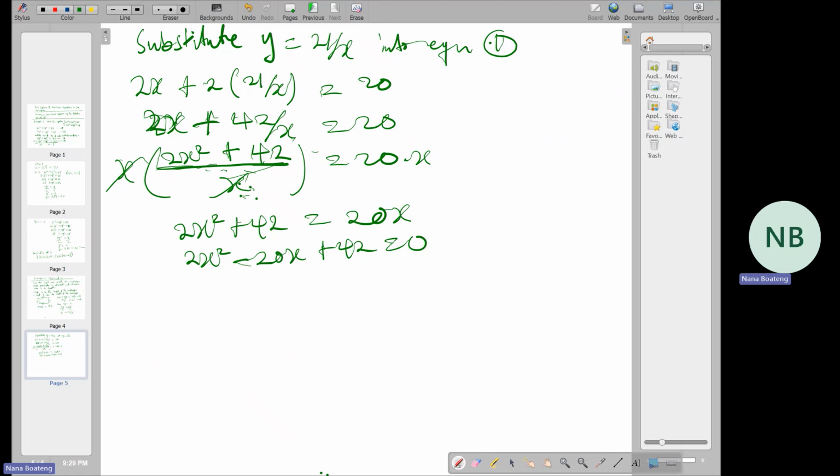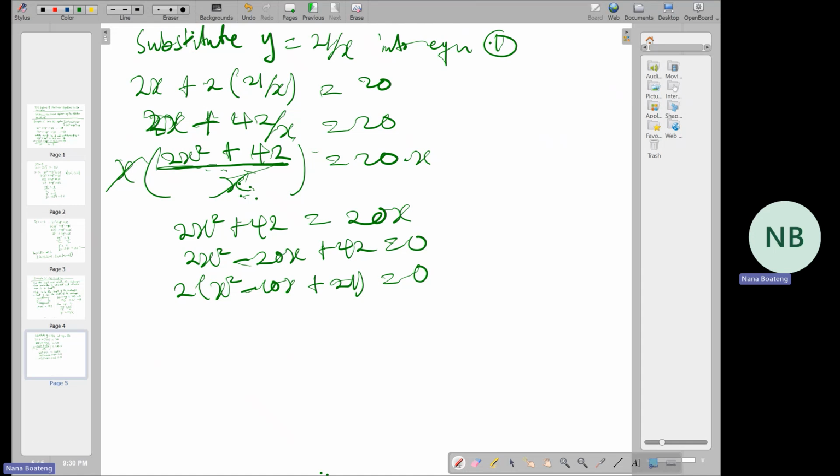All right, 2 is common to every single term, so we can factor out 2 first. So we have 2 times x squared minus 10x plus 21, and this is equal to 0.